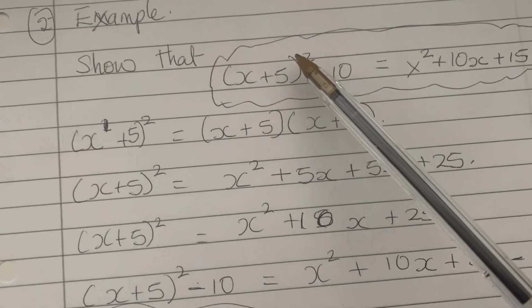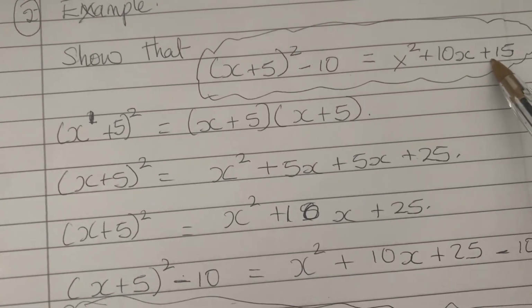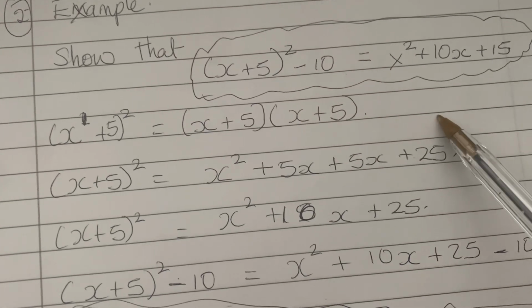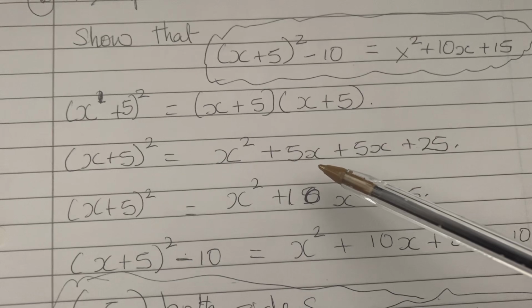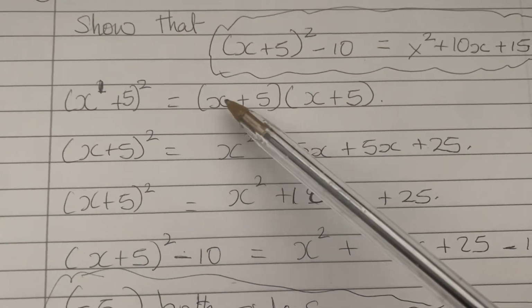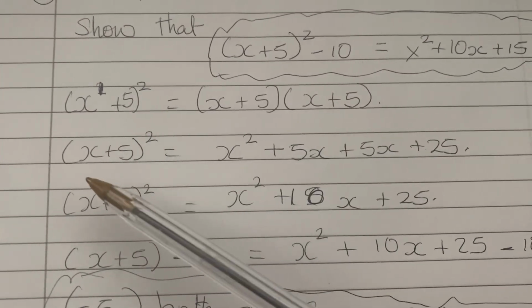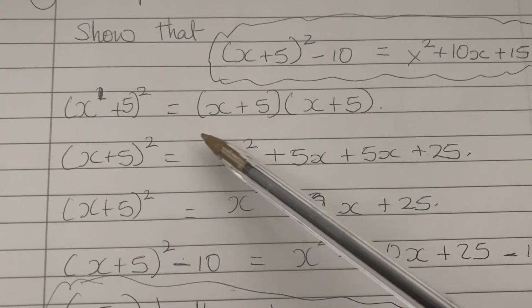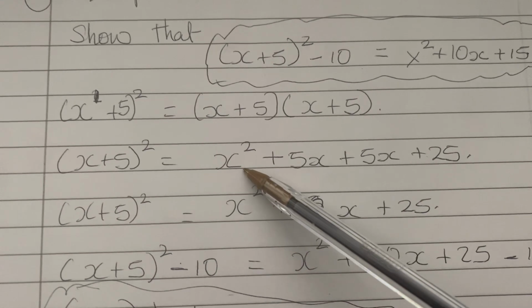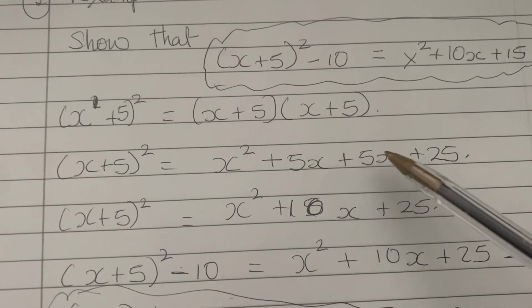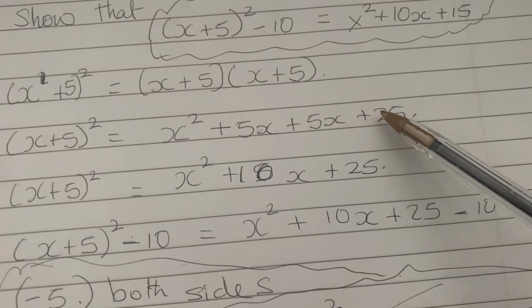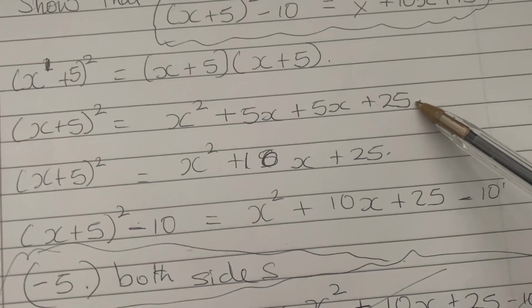So first, you look at what you've been given and work towards it, or you can work towards it in reverse. So this here, (x plus 5) all squared, will give us x squared plus 5x plus 5x plus 25.